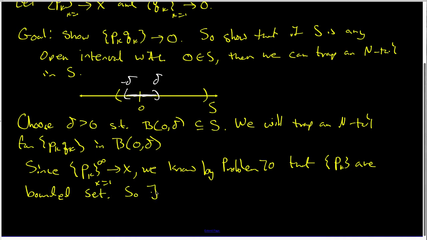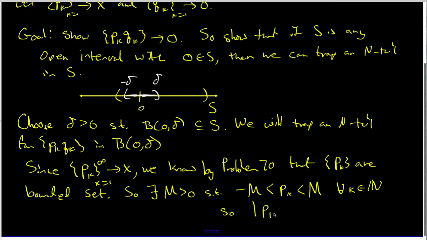That means there exists a capital M that is bigger than 0, such that minus M is less than pk, and pk is less than capital M for all k's inside the set of natural numbers. In other words, we can say that the absolute value of pk is less than capital M for all k's inside the natural numbers. Now, I'm kind of running out of room here, so let's continue in the next panel.